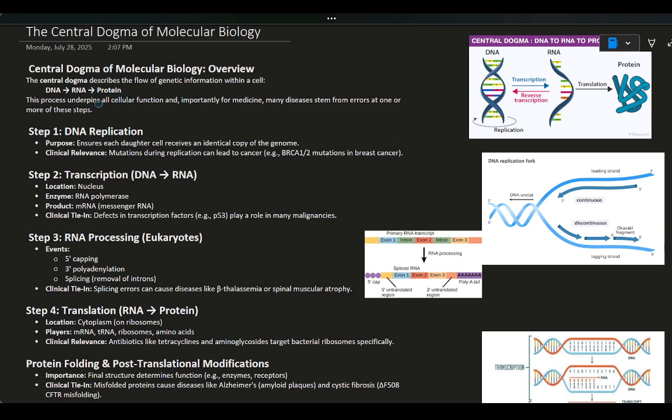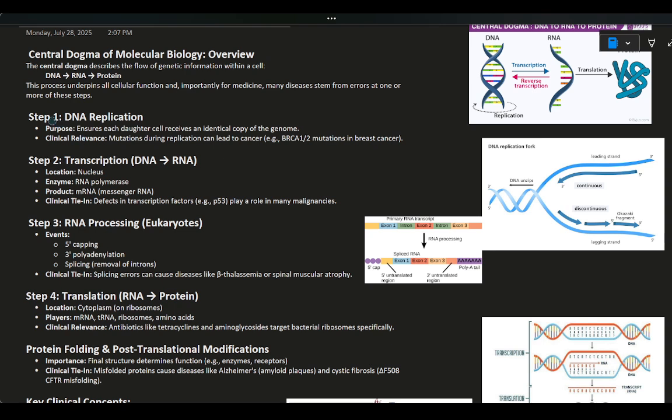Overall, this process underpins all cellular function and, importantly for medicine, many diseases can arise from errors at one or more of these steps. Let's talk about the first step, which is DNA replication.